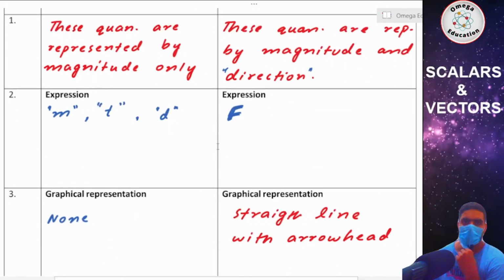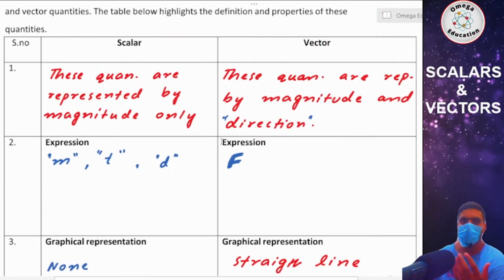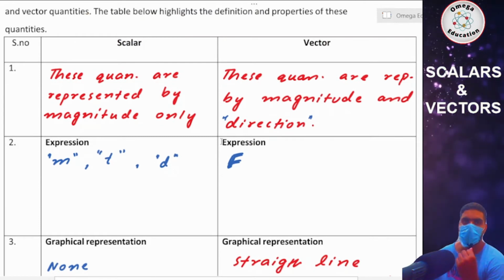So these are some of the differences that we have studied between scalar and vector quantities.